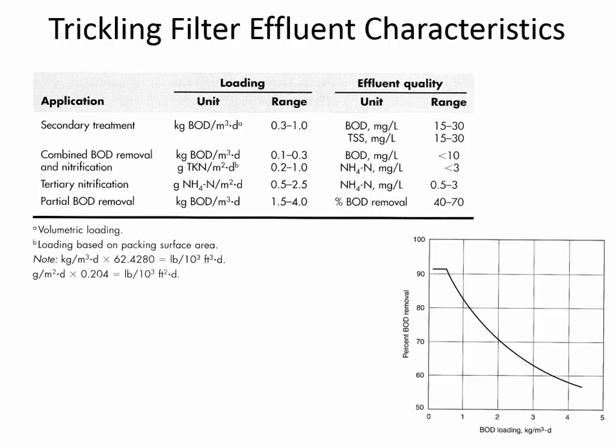Another figure that was pretty interesting in the text is one that relates the removal of BOD to the loading rate. And what you can see is a relationship that says when you have a lower loading rate, you're going to have higher removal because you're not overloading the filter.